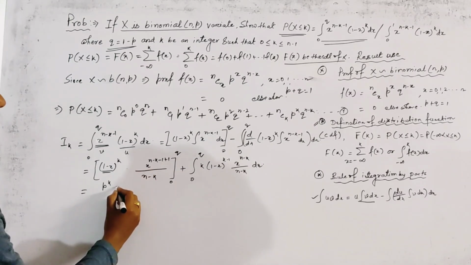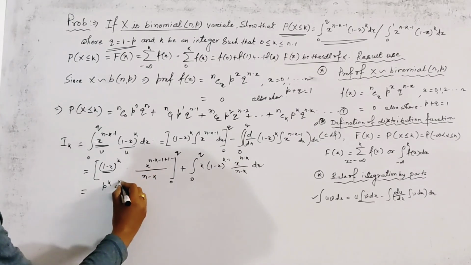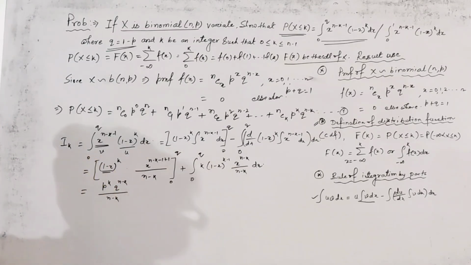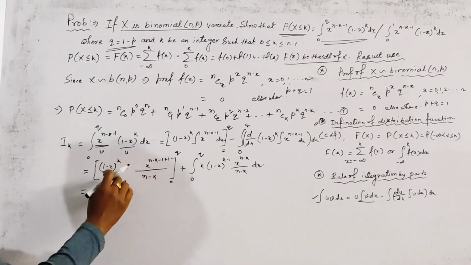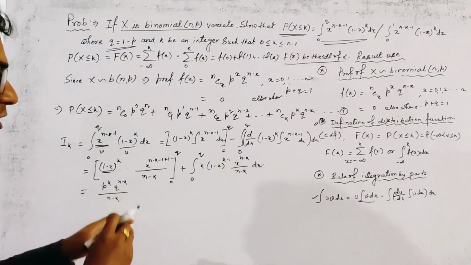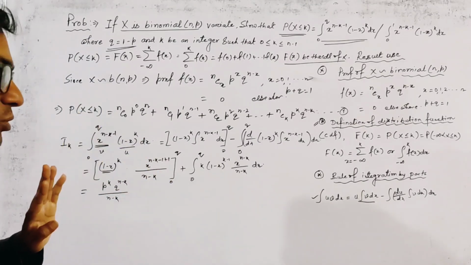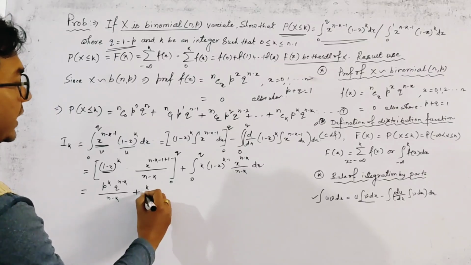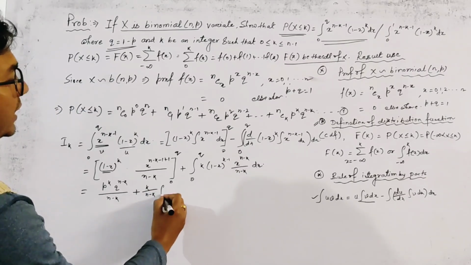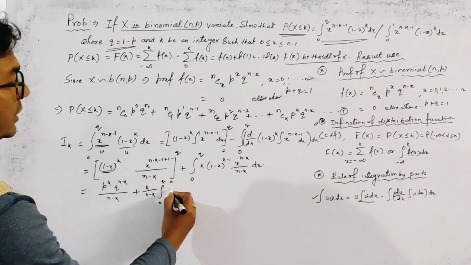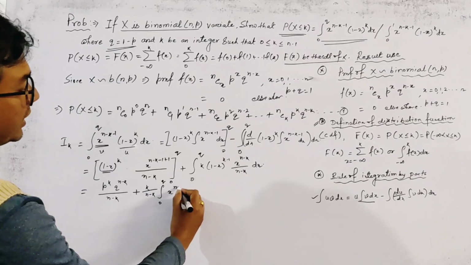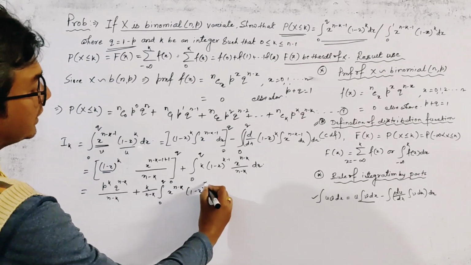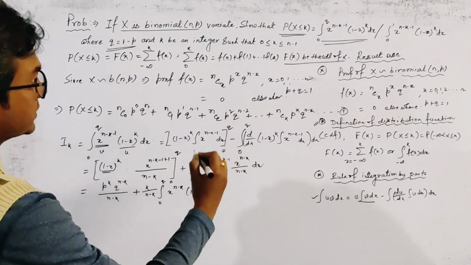And from here we get q to the power n minus k by n minus k, from the first term. If we put x equal to 0, then the contribution of the lower range is 0. Okay, now from this term we get k by n minus k into integration 0 to q of x to the power n minus k into (1 minus x) to the power k minus 1 dx.